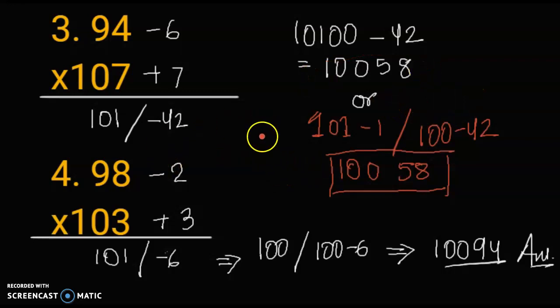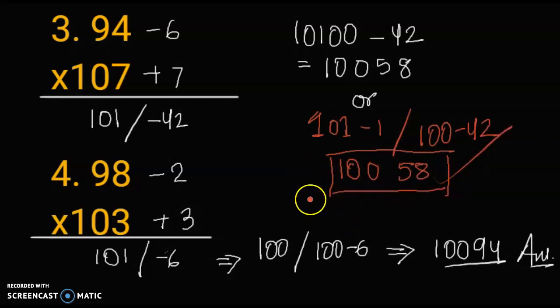Another way you can approach the same thing is this: subtract 1 from the left hand side, so 101 minus 1 gives you 100, and this 1 becomes 100 when it goes to the right hand side because the base is 100. So 1 times the base is 100, and 100 minus 42 gives you 58. So you can approach any of the ways which you find easier.